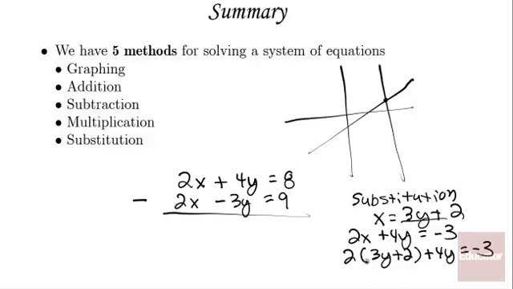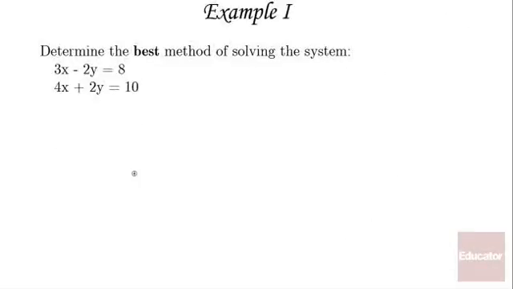Okay, today we're going to do some applications that are going to require us to select which method to use to solve the system of equations. And I've given you some hints for determining which method is the most efficient one to use. Determine the best method of solving the system.